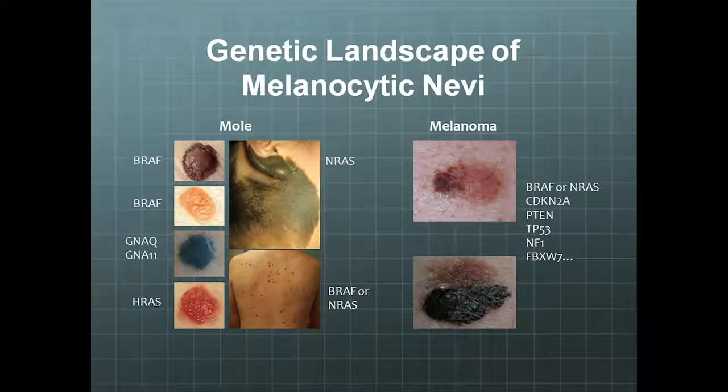And what we have learned over lots of scientific studies is that nevi can transform into melanoma, but you need other genetic events, most likely tumor suppressor loss, P16, P53, PTEN. This has been very well characterized over time.